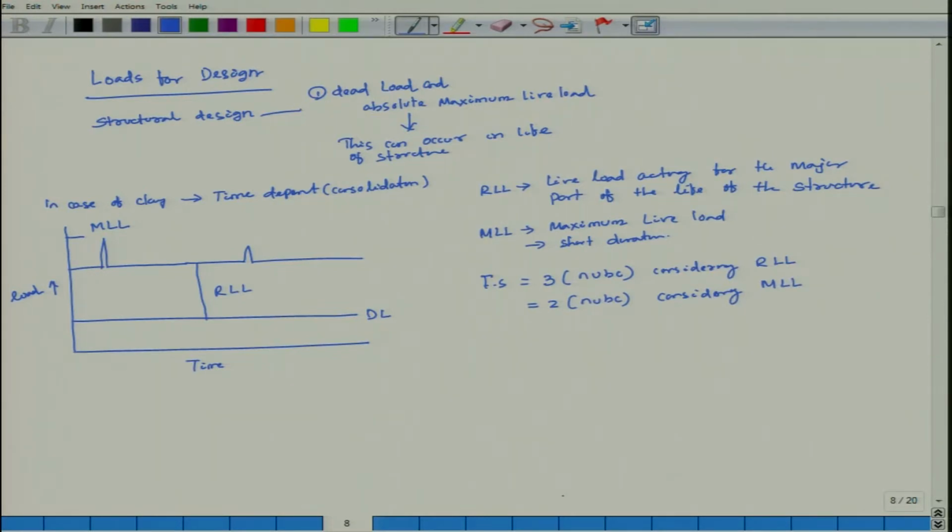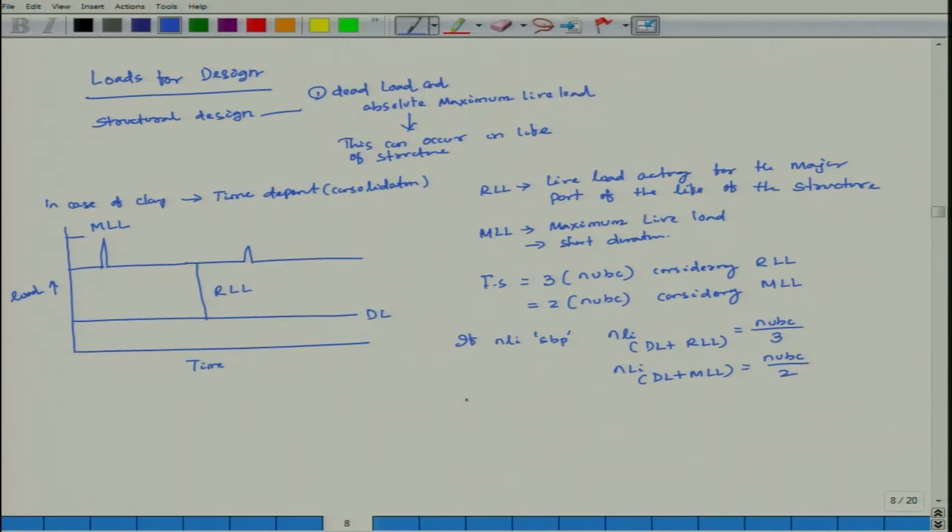If net load intensity, NLI, we can call it safe bearing pressure, then I can write the net load intensity considering dead load plus reduced live load as net ultimate bearing capacity divided by 3, and the net load intensity considering dead load plus maximum live load as net ultimate bearing capacity divided by 2.